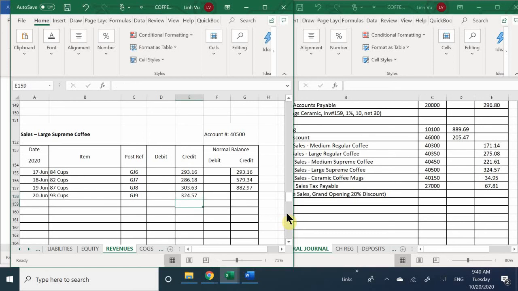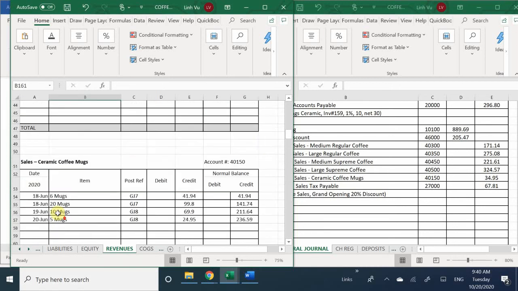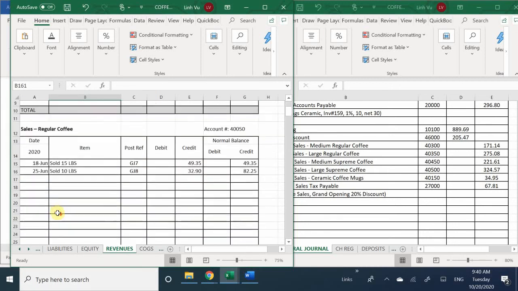Okay, giving me a grand total of 120754. Okay. And then I'm going to scroll all the way back up for my ceramic coffee mugs.